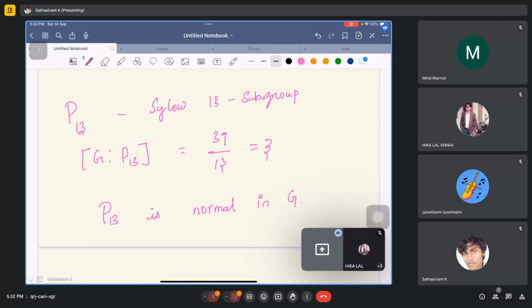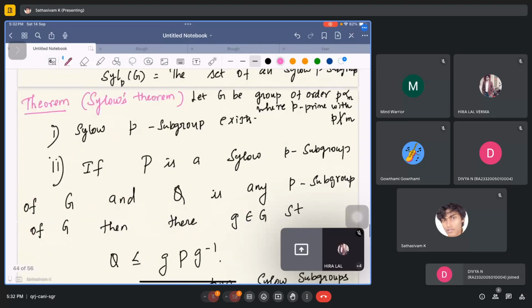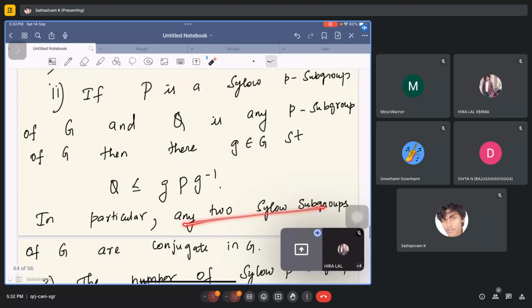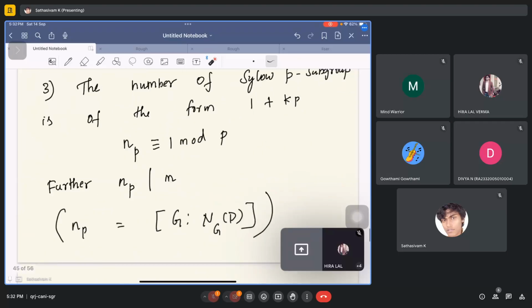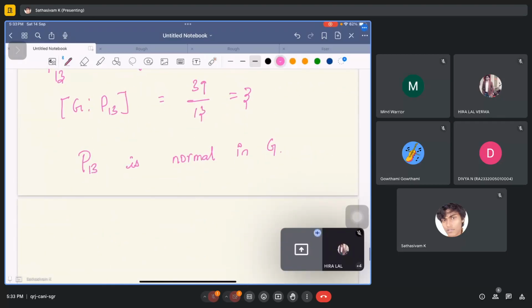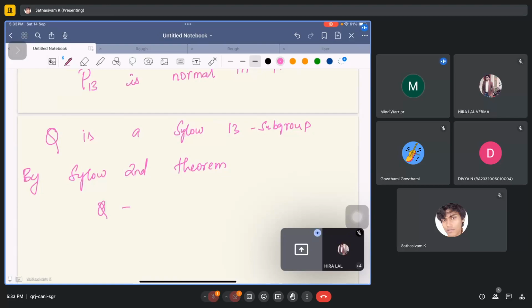So if your subgroup is normal, then what can you say? Now let's look at the Sylow second theorem. The Sylow second theorem says any two Sylow subgroups are conjugates in G. So if you take any other Sylow 13 subgroup, let's say Q, then by the Sylow second theorem, we have Q is a conjugate of P13. Yes, exactly, they are conjugates.